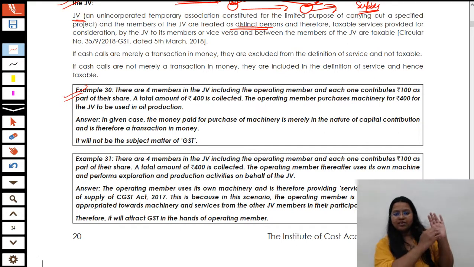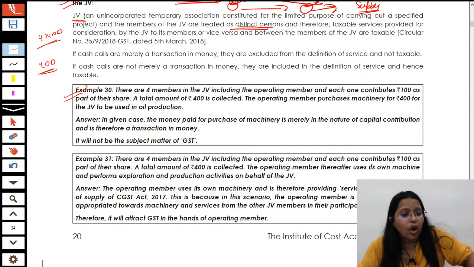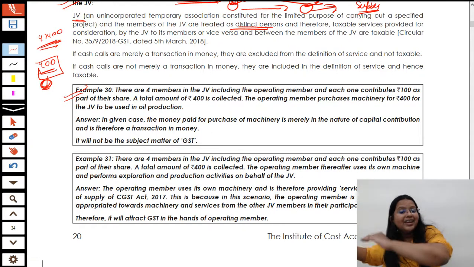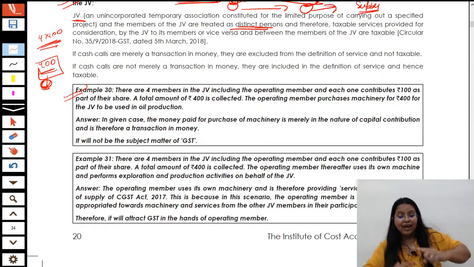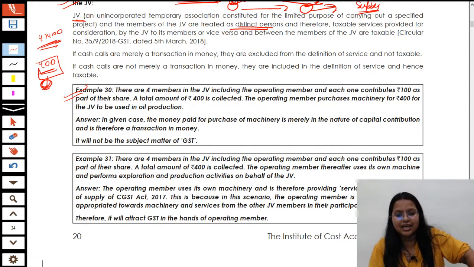Now they have collected a total of 400 rupees. Now one of the operating members goes to the market and purchases machinery for these rupees 400. When they provided their contribution of rupees 100, it is merely money, so that cash call will not be considered a transaction under GST. Okay, so it will not be a matter of GST.